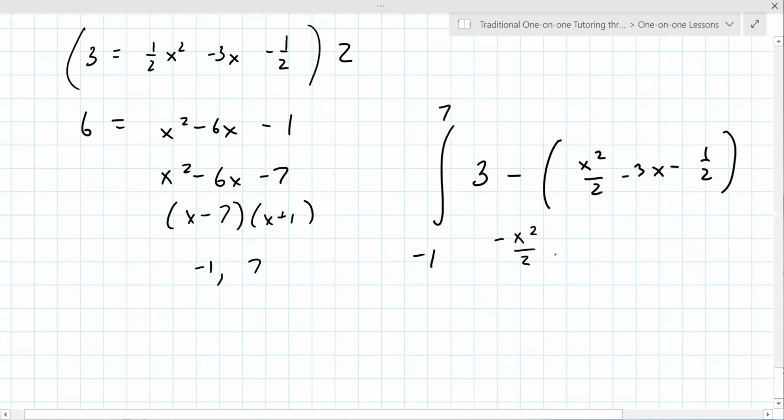So the antiderivative is 3x minus x cubed over 3 plus 3x squared over 2 plus 1/2 x.